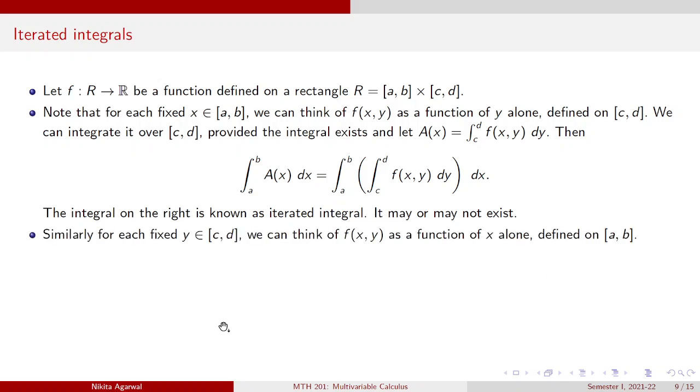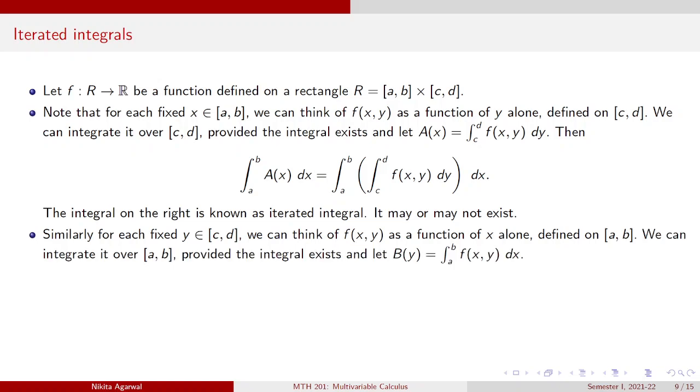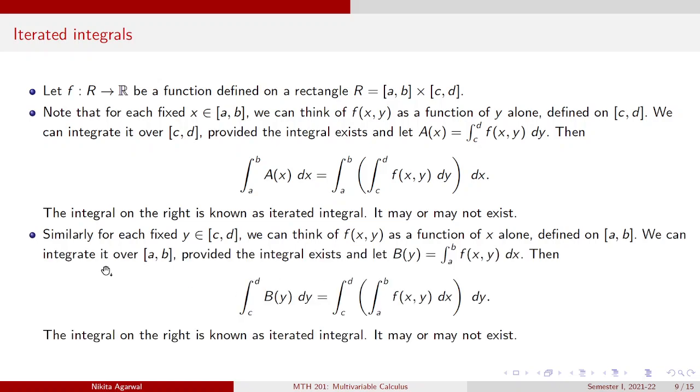Similarly, you do the other process. You fix y and you think of f(x,y) as a function of x alone. But now x varies over [a,b]. We can integrate it over [a,b] provided the integral exists. And you write this integral, where you are now integrating over x, as B(y).